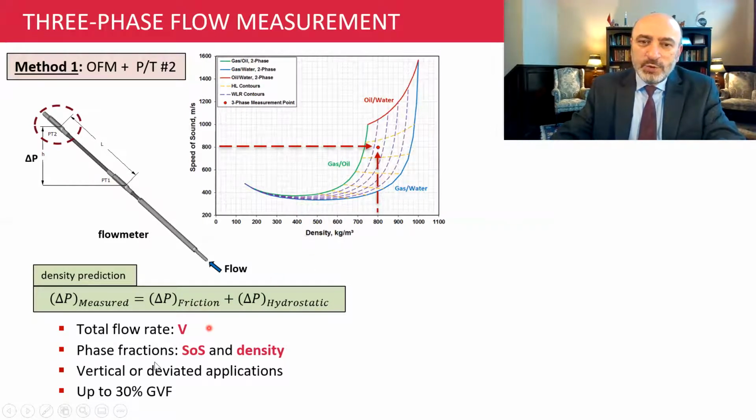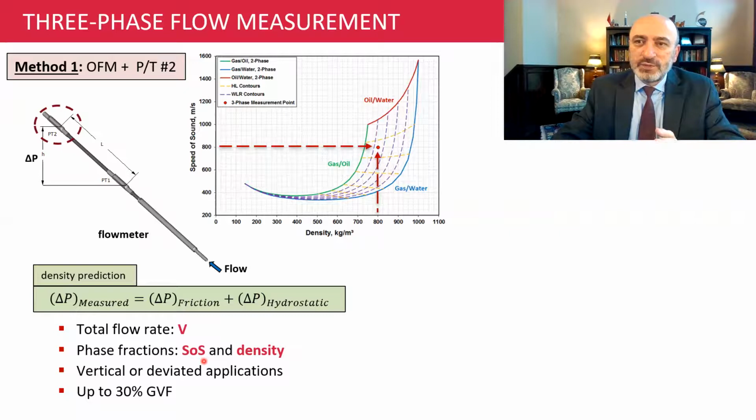Now, that 30% looks like a modest number, but for a downhole measurement, it is a very realistic number, because in most cases, the location of the flow meter is deep in the well, and the pressure at that location is usually around the bubble point pressure.